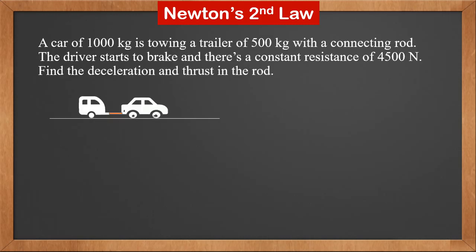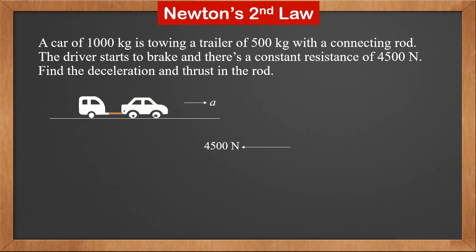A car of 1,000 kilograms is towing a trailer of 500 kilograms with a connecting rod. The driver starts to brake and there's a constant resistance of 4,500 Newton. Find the deceleration and thrust in the rod. First, let's set the positive direction of acceleration, and then sketch the force diagram.